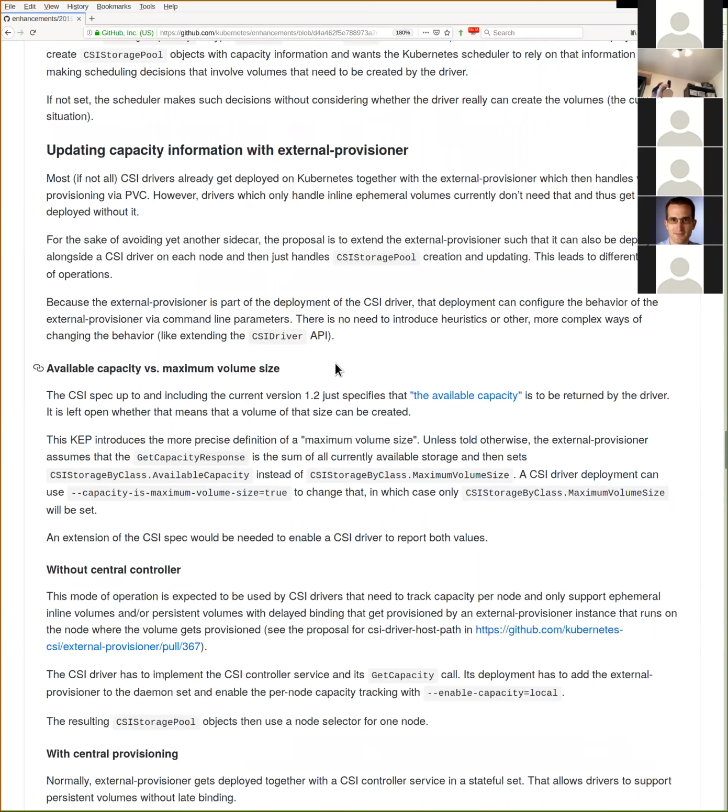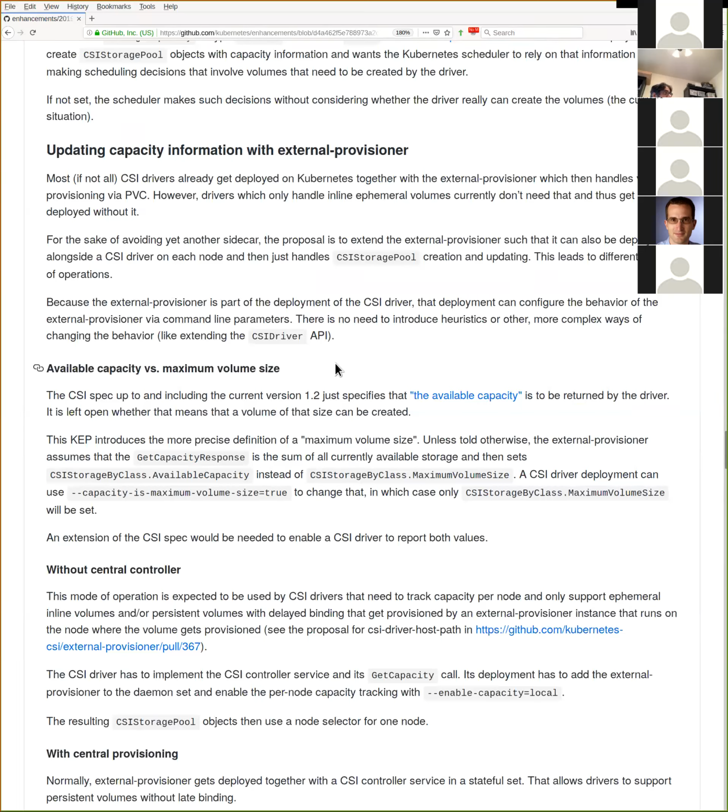Yeah. So what we have in Kubernetes is just the size, the resource requirement, the minimum size that is specified in a persistent volume claim, and that size is a fixed value. It's a certain amount of bytes, and it's exactly handed over like that to the CSI driver.